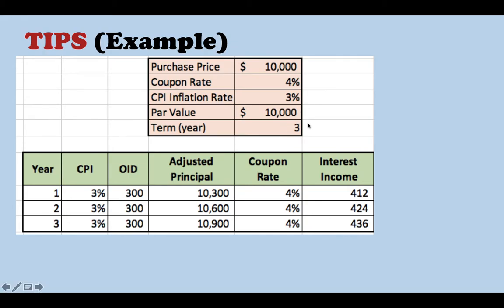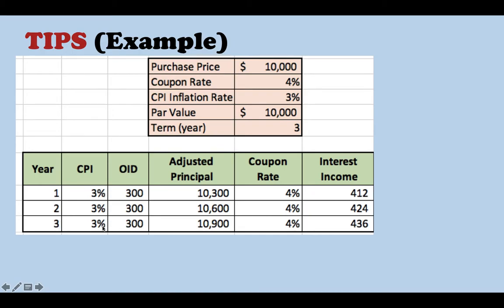However, if it's a TIPS, how does inflation apply to your interest and the principal? In this example, say the CPI inflation rate is 3% each year, for 3 years, year 1, 2, 3.